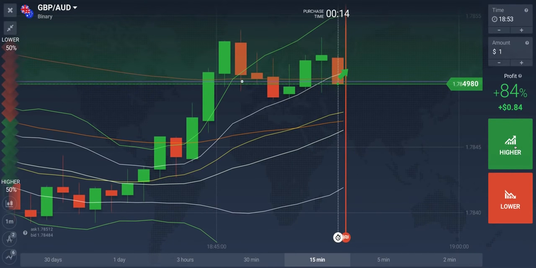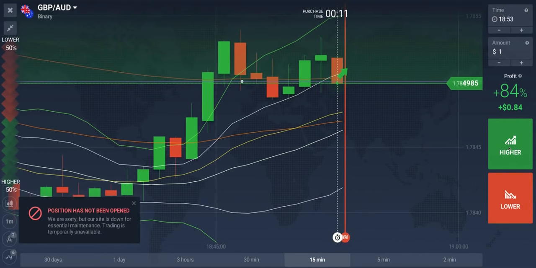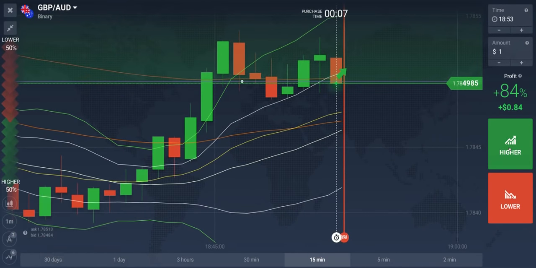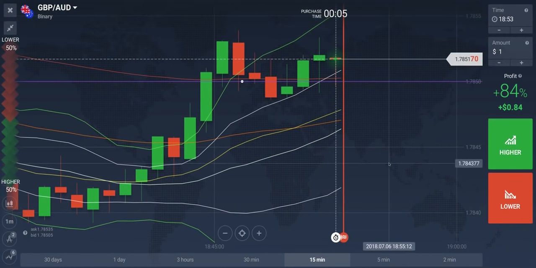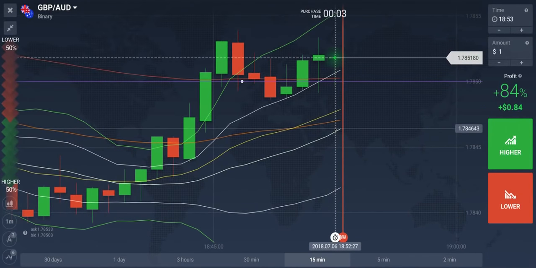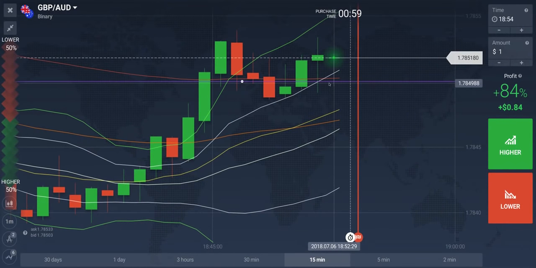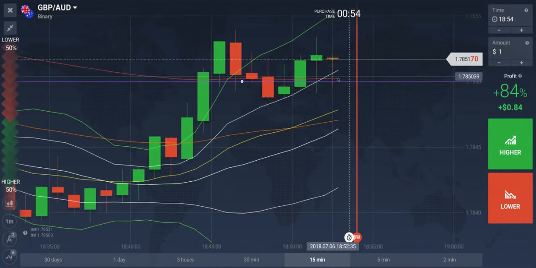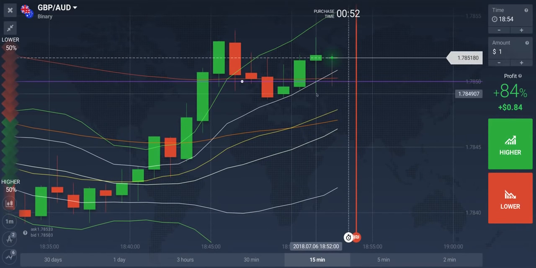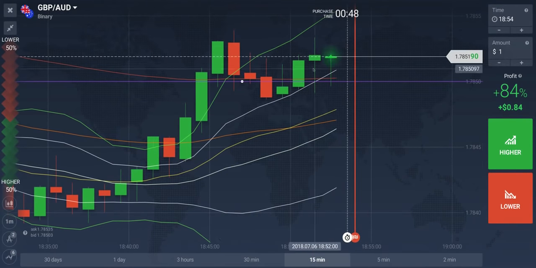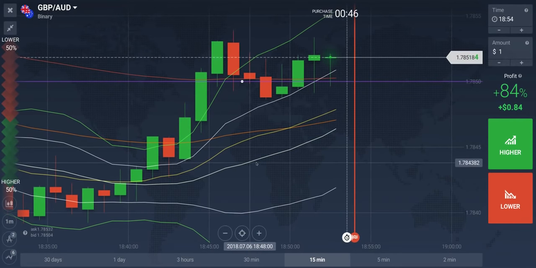I'm going to use this level now. Oops, it didn't go in. What's wrong with this thing? It's too late. So you can see the rejection came. The trade didn't go in, but it is almost a sure shot because this candle already showed you the market is respecting and you are following the market direction, which is currently upwards.